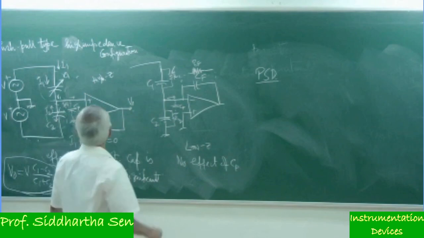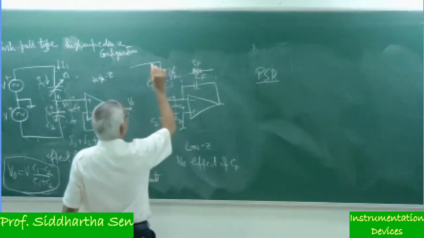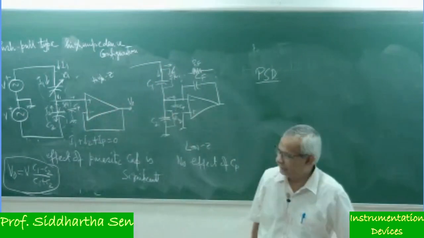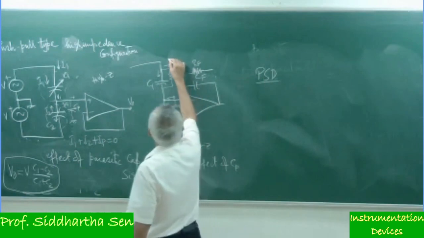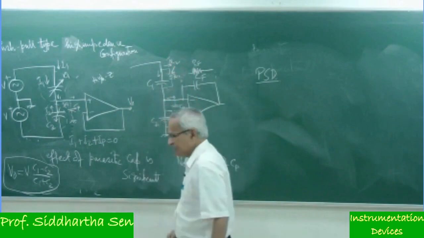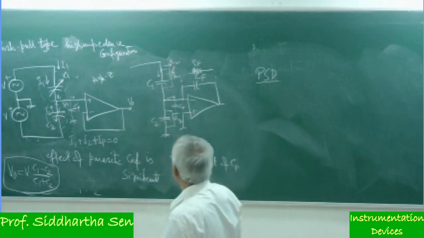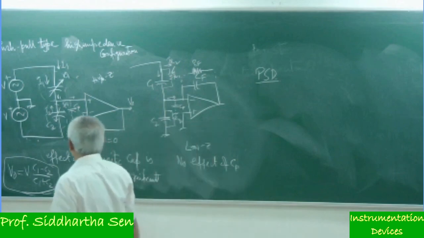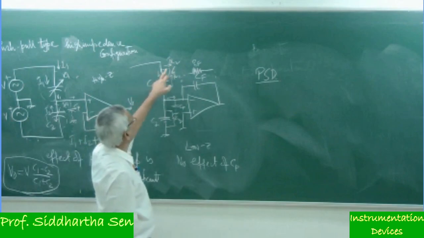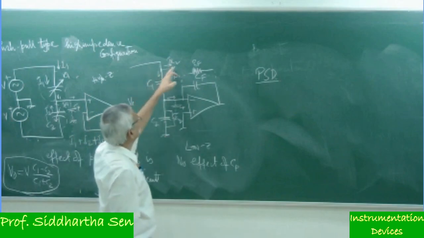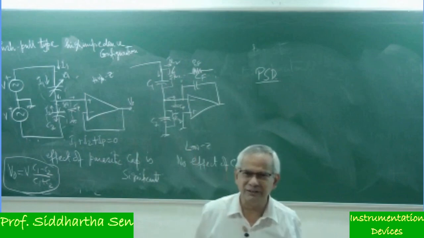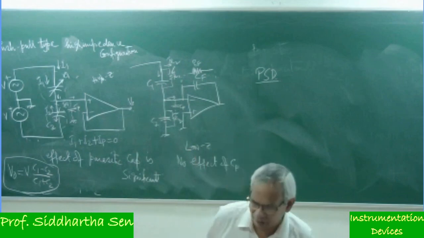But if there is a leakage resistance here, naturally some current, say IRL, will flow through this part. If we consider the effect of the leakage resistance, you can see that this current and the capacitive current won't be in phase, but rather they will be in quadrature. The current through the resistance and the current through the capacitance will be in quadrature.